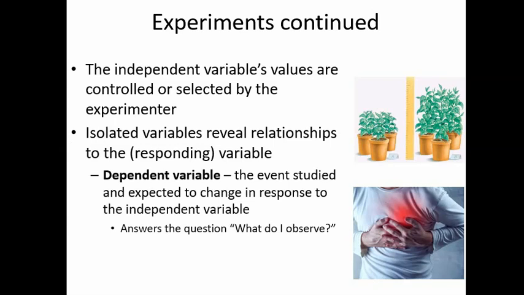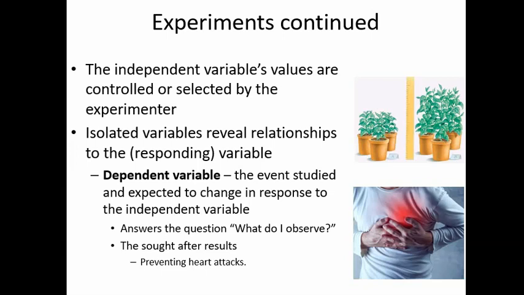Those are the things that they honestly care about to make the world a different place and make it better. These are the results they're looking for. Preventing heart attacks or getting plants to grow larger. Those are dependent variables. The scientists don't have loyalty to aspirin or one brand of fertilizer. What they want is people to have better health or more food.